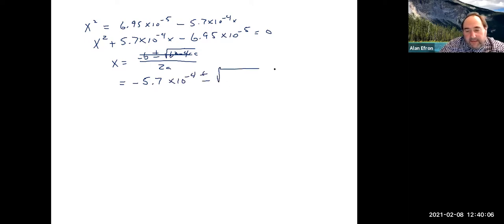If we do the square root part and put our numbers in, we end up with 5.7 times 10 to the minus 4 squared minus 4 times a, which is 1, times c, which is minus 6.95 times 10 to the minus 5.